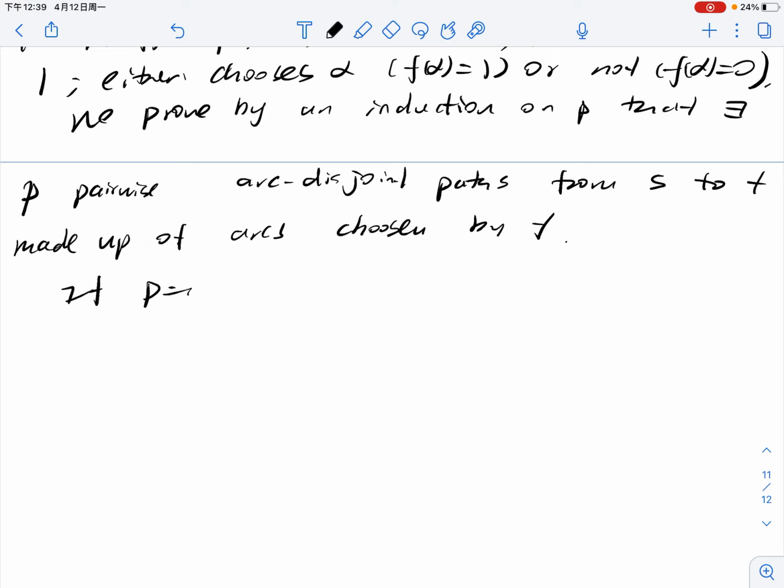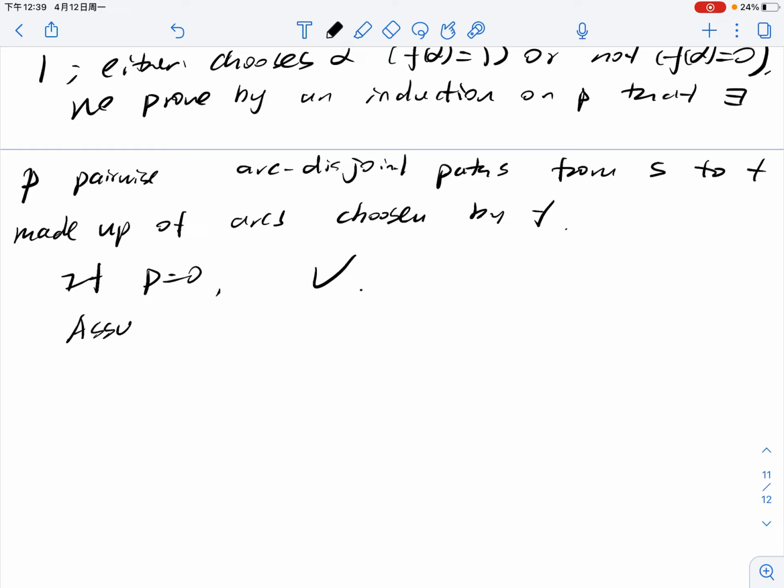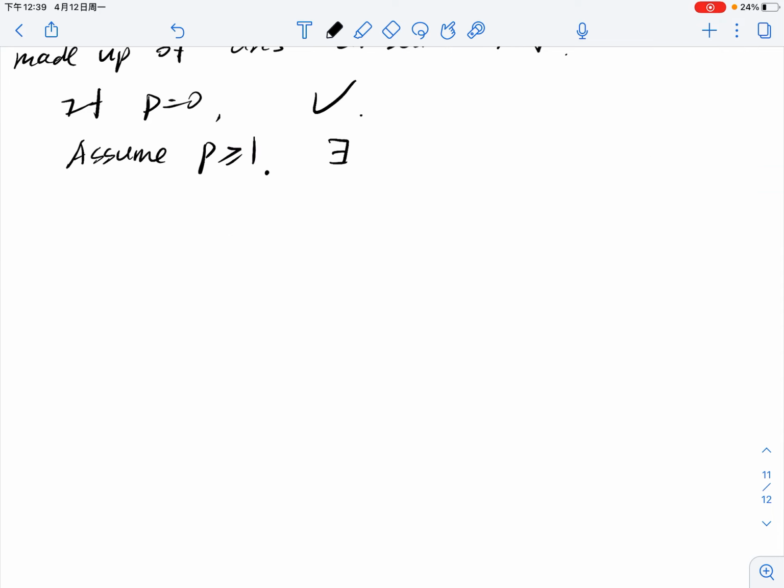If p is 0, it's trivial. Assume p is at least 1, then there's a path gamma from S to T.